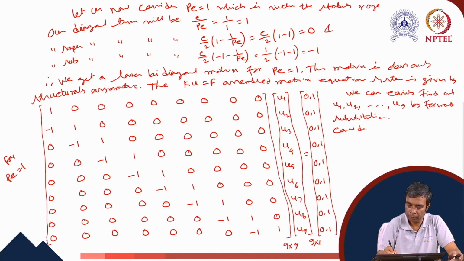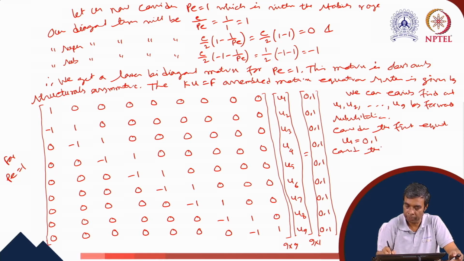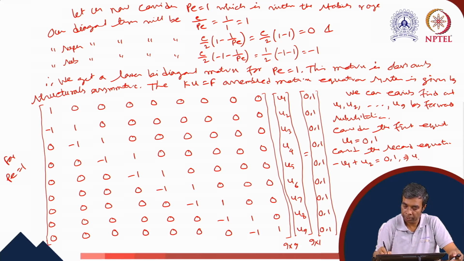Consider the first equation. We have U1 equals to 0.1. Consider the second equation. This gives us minus U1 plus U2 equals to 0.1. Now U1 is 0.1. This gives us U2 equals to 0.1 plus 0.1 equals to 0.2.